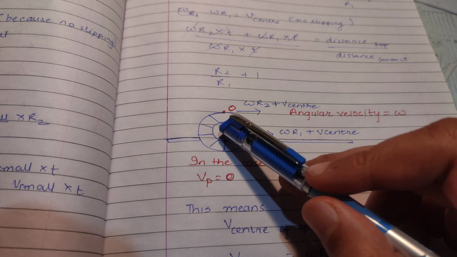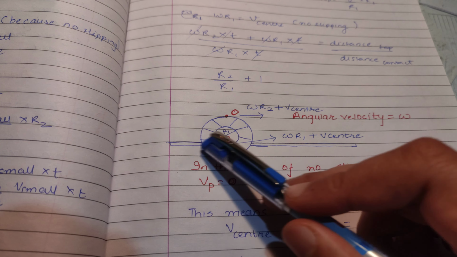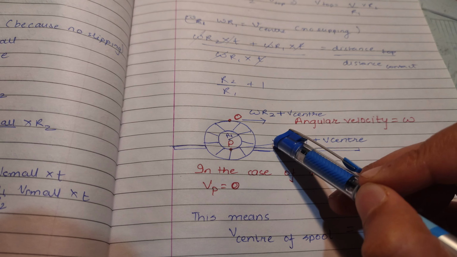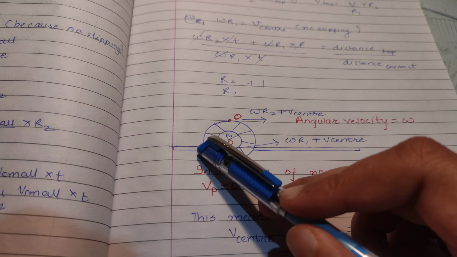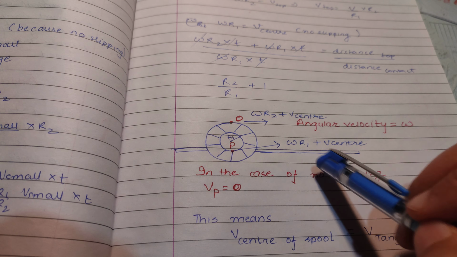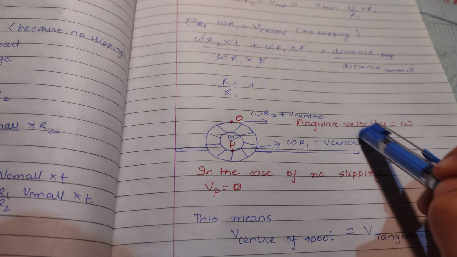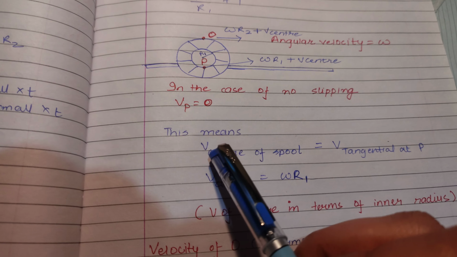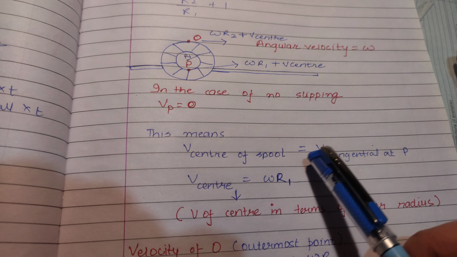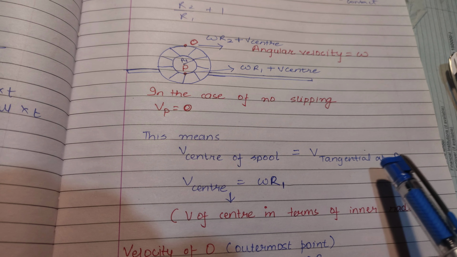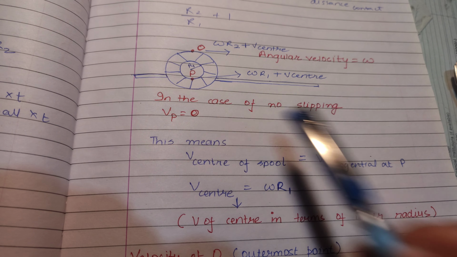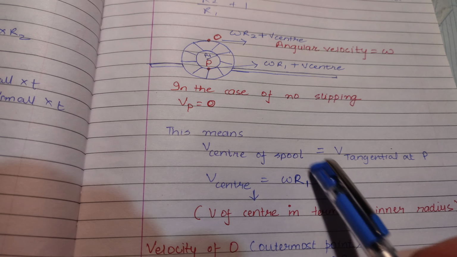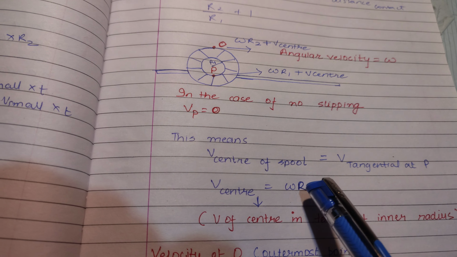How is that possible? That is possible when it is rotating and there is some tangential velocity because of the rotation, but at the same time the entire thing is moving in the forward direction. So the tangential velocity because of the rotation, which is omega r1, must be equal to the velocity of the center but in the opposite direction, and hence the velocity of the center of the spool is equal to the tangential velocity at P. This gives us the velocity of the center in terms of r1 and omega, which is the angular speed of the spool.